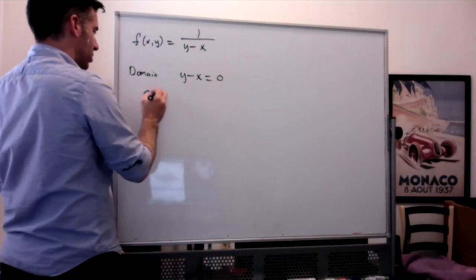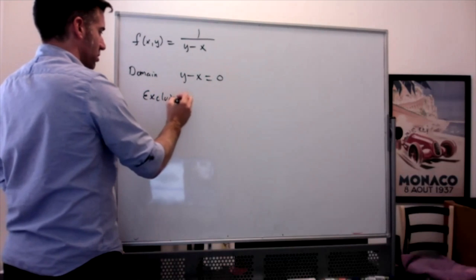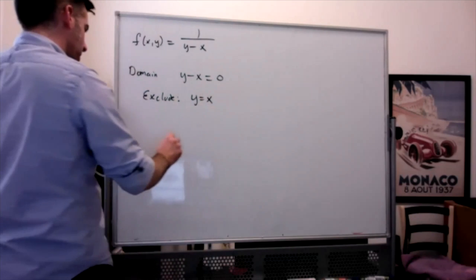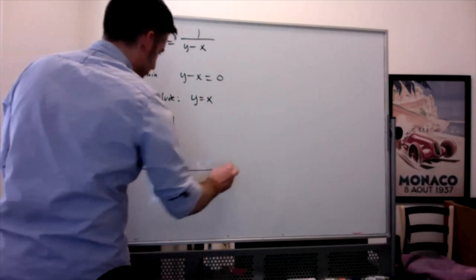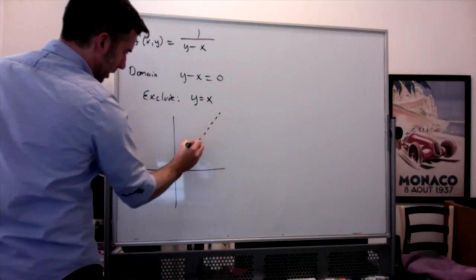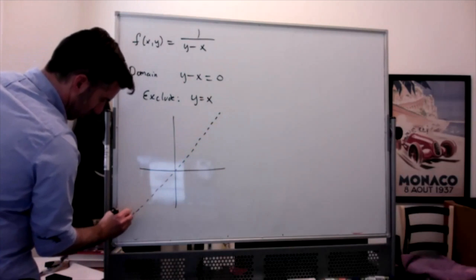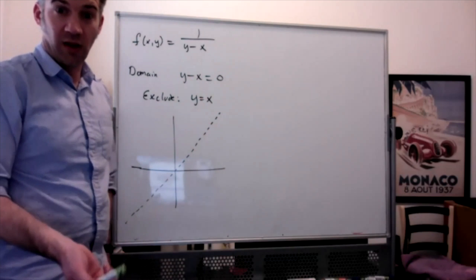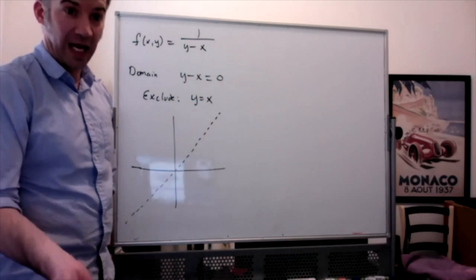I need to exclude y equals x. That's not terrible. So my domain is everything except the line y equals x. If we don't want to include a line or boundary, we typically draw it dashed like that.